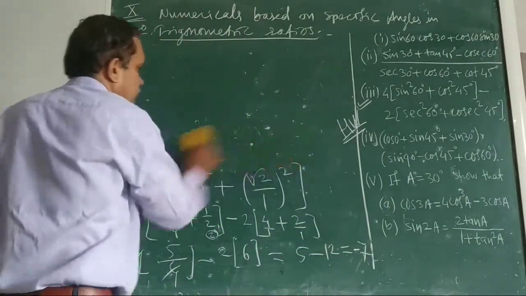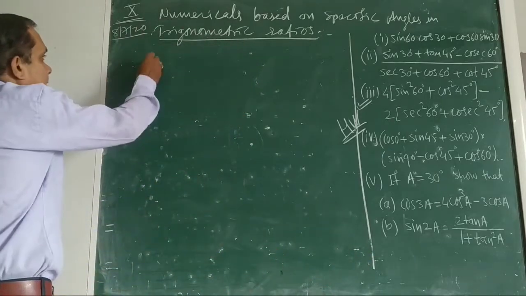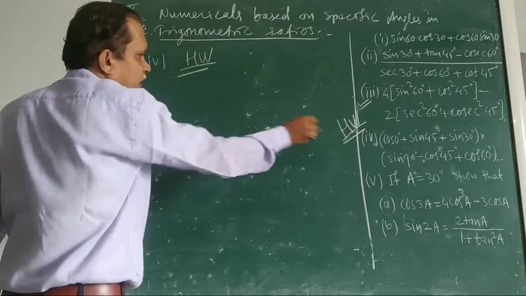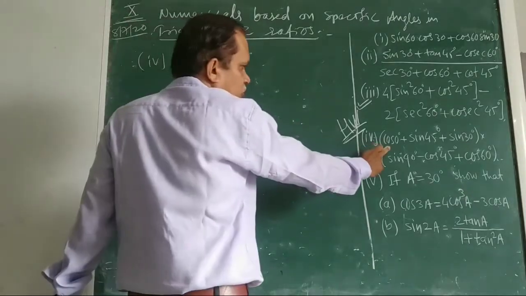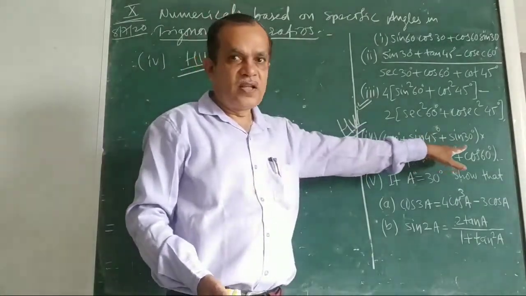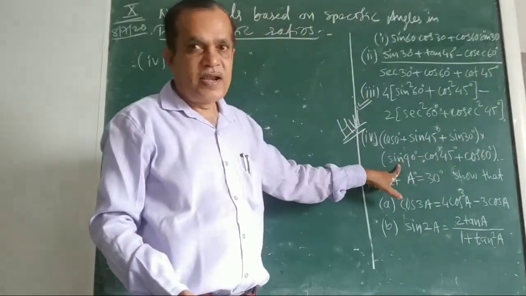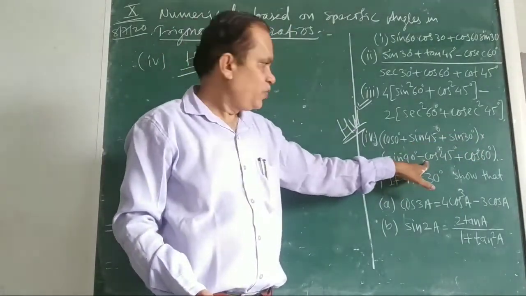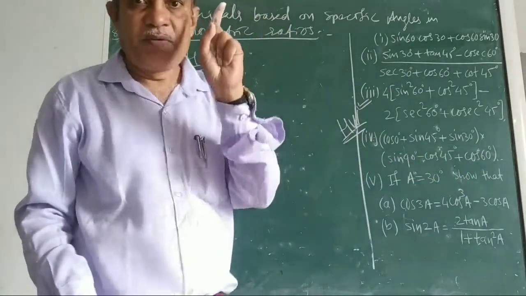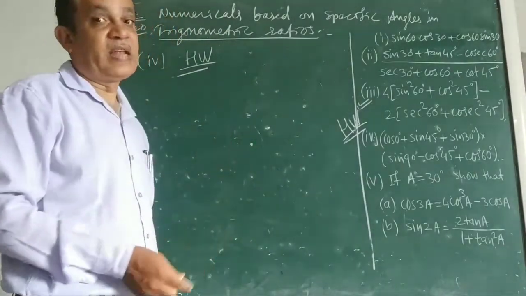Fourth part you are doing as a homework. What is that? Cos 0 plus sin 45 plus sin 30, bracket complete, multiplied by bracket sin 90 minus cos 45 plus cos 60, bracket complete. Okay? But you will try yourself. Right? Again, I will give you 2-3 examples of this type.